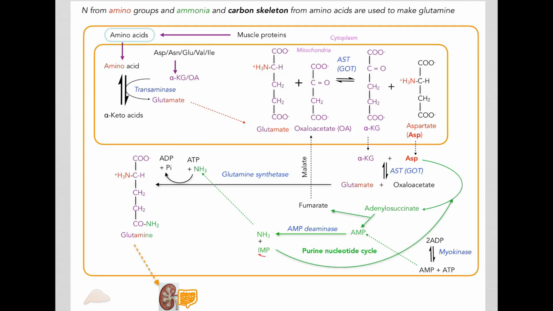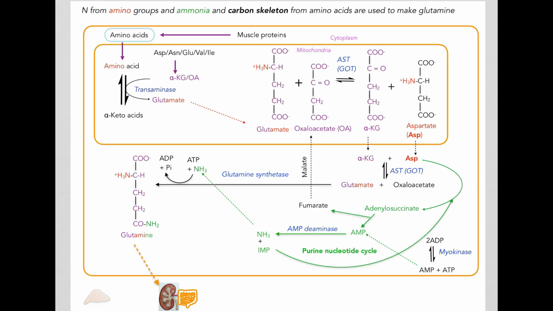The IMP will react with aspartic acid. So aspartic acid and IMP will react to form adenylosuccinate. And this adenylosuccinate will then break down to AMP, giving you fumarate. So this part here is called the purine nucleotide cycle that happens in the skeletal muscles.